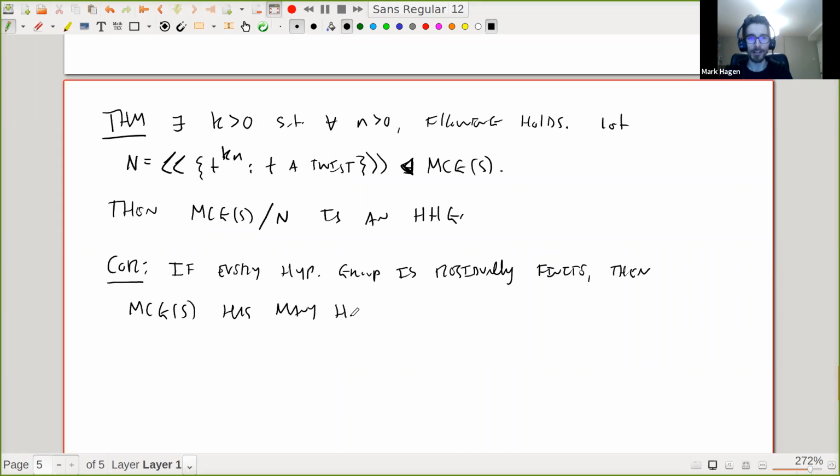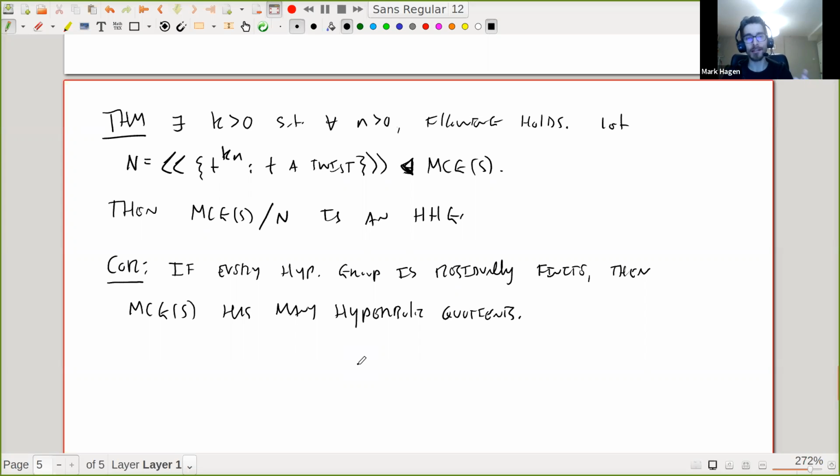It's not quite a corollary, it's a thing you prove in the same sort of way. So there's an open question that I think generally people believe the answer is yes: does the mapping class group admit infinite hyperbolic quotients? On the other hand, nobody thinks that every hyperbolic group is residually finite.